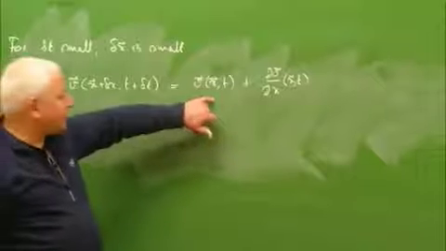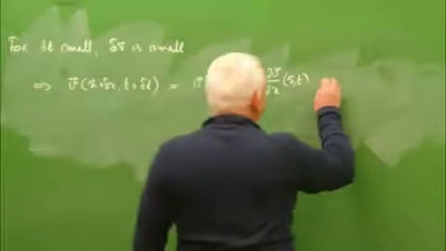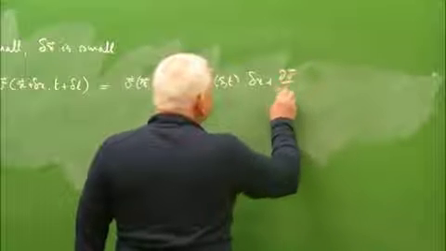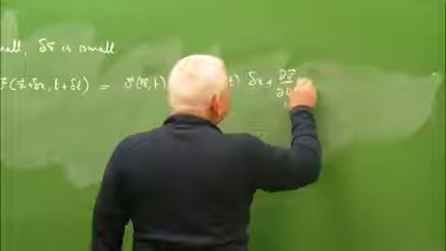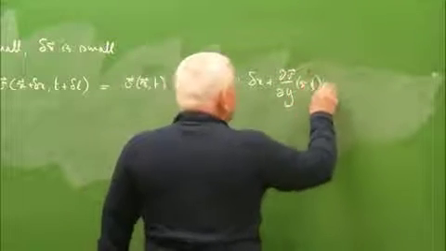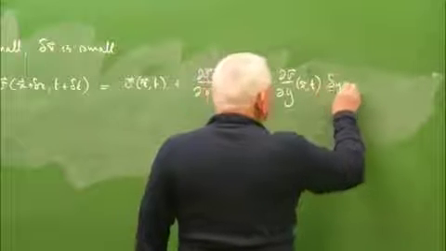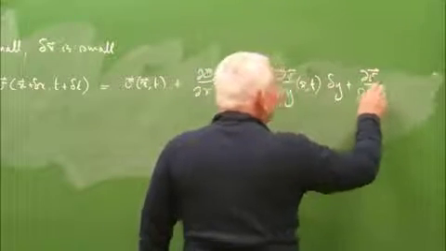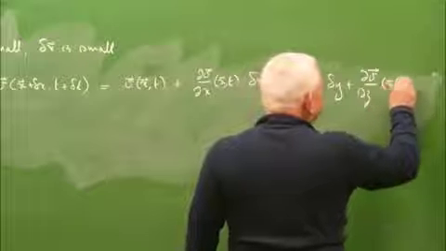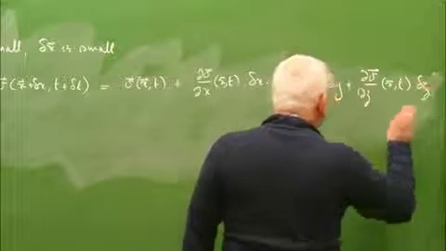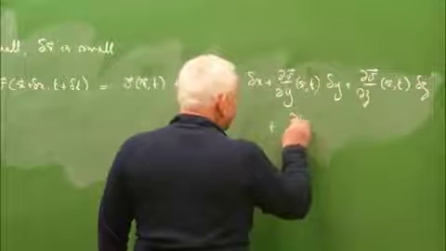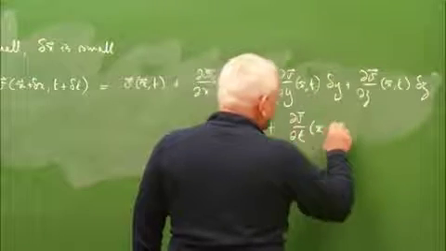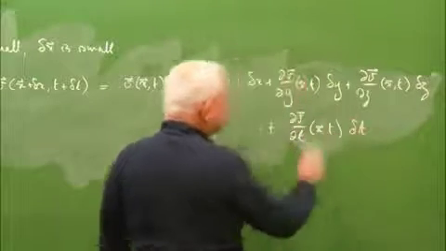original values, x and t, multiplied by delta x, plus dv by dy at x and t, delta y, plus dv by dz at x and t, delta z, plus dv by dt at x and t, delta t.